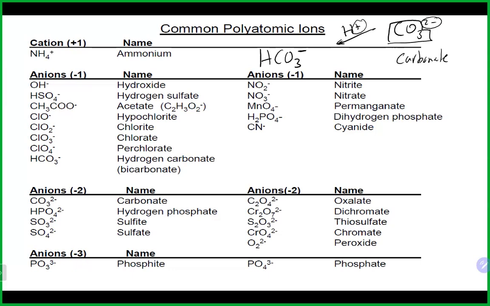Essentially, what do we put on front of that? We put a hydrogen. So this is sometimes referred to as hydrogen carbonate because we put a hydrogen on front of it. You also will see that with sulfate. If you put a hydrogen in front of sulfate, and again, it's not just a hydrogen, but an H plus, you'll end up with HSO4 minus. Again, the charge does change because it's actually a plus, and that is known as hydrogen sulfate.